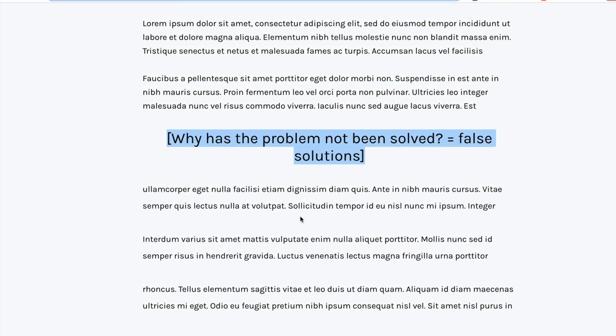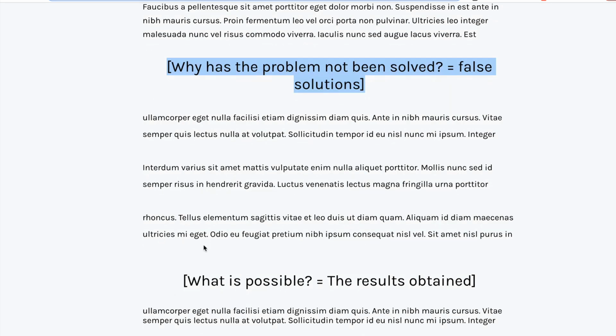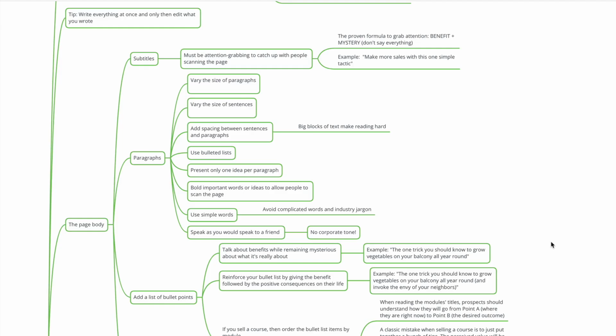In many cases you should have paragraphs that are just 1 sentence long. So it would be like 2 sentences, 1 empty line, 1 sentence, 1 empty line, maybe 2 or 3 lines, 1 empty line, etc. So that's how you keep your text easy to read, okay?